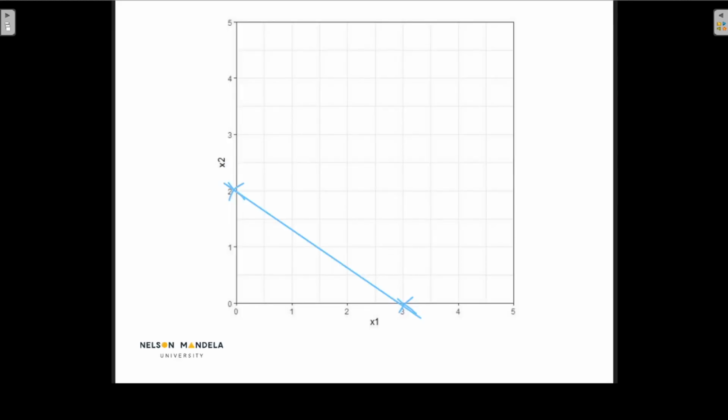Okay, so now we can go back to our graph and draw these 2 points on the graph. My first point is where x1 is 4 and x2 is 4 over 3, or 1 1/3. So that is round about there. And my second point is the point 2, 0. So my x1 is a 2, my x2 is a 0, and that would be that point over there.